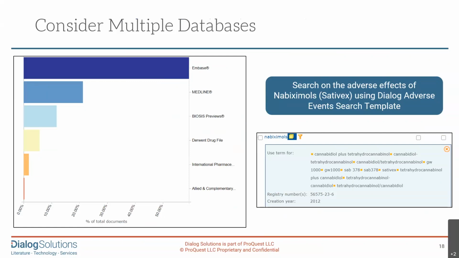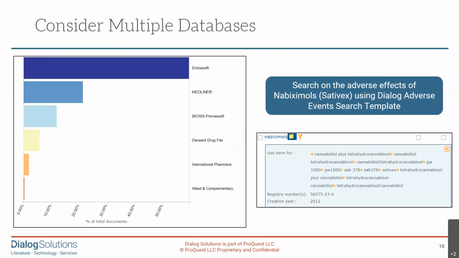The Derwent drug file, which is a small database, but it is absolutely 100% focused on drug information, on any changes to an aspect of a drug or its efficacy or safety. International pharmaceutical abstracts made an appearance. And again, as I said, that's one of the databases that the EMA MLM service uses.